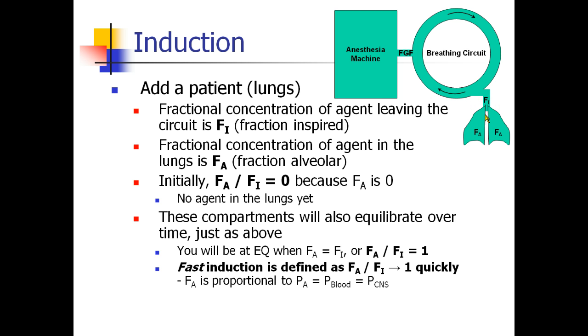And the reason we care about this, of course, is because Fa is proportional to Pa. Right? 1% sevoflurane is proportional to a certain partial pressure of sevoflurane. And in the long run, we know that at equilibrium, the partial pressure in the alveoli equals that in the blood, which equals that in the brain. So this is the system that we're setting up to consider.